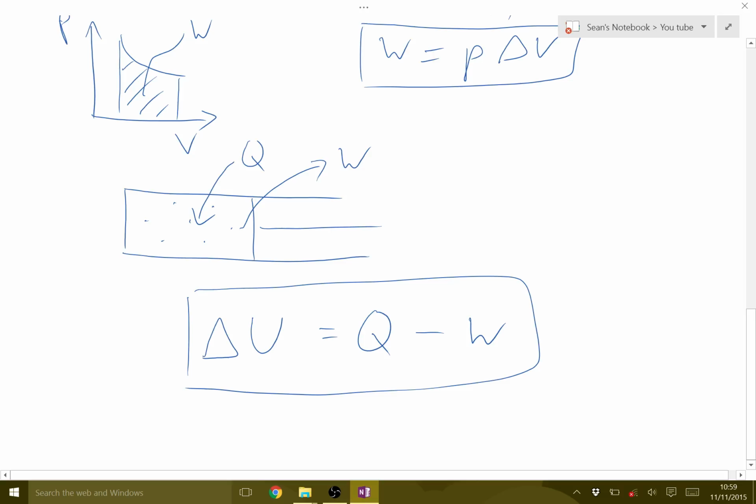With the work done, it's the other way around. If this system is expanding and pushing out on something, if it's pushing a force away, then that energy is leaving the system, so it's negative. But if I was pushing on this piston, if I was compressing it, I'd be putting energy in, in which case it would be positive. So the trick to this is always draw it, try and figure out what's going on, and then you'll always be right with these signs.